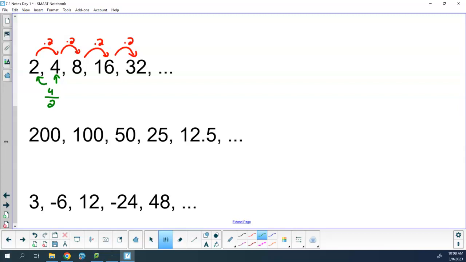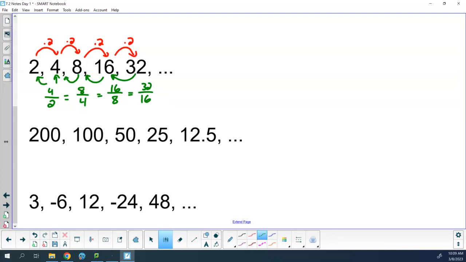So 4 divided by 2 is 2. 8 divided by 4 is 2. 16 divided by 8 is 2. 32 divided by 16 is 2. All those are equal.